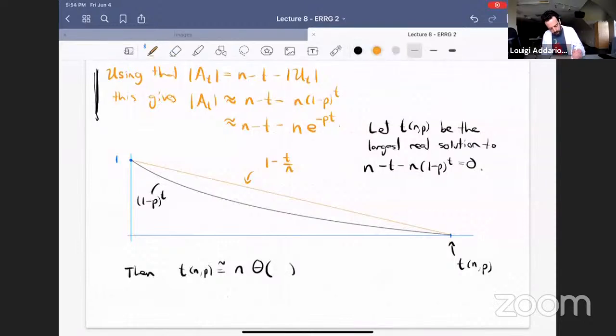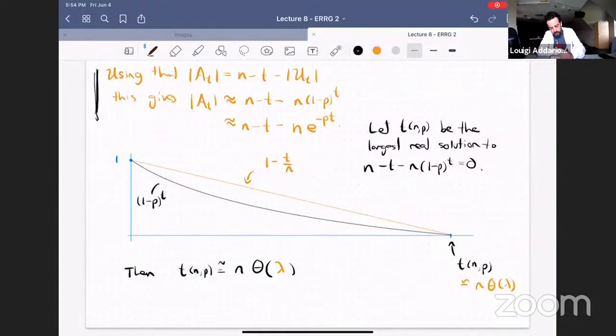So this point where these two curves cross is basically the thing that's the denominator in the law of large numbers we're trying to prove. So this value here is basically n times theta of lambda.